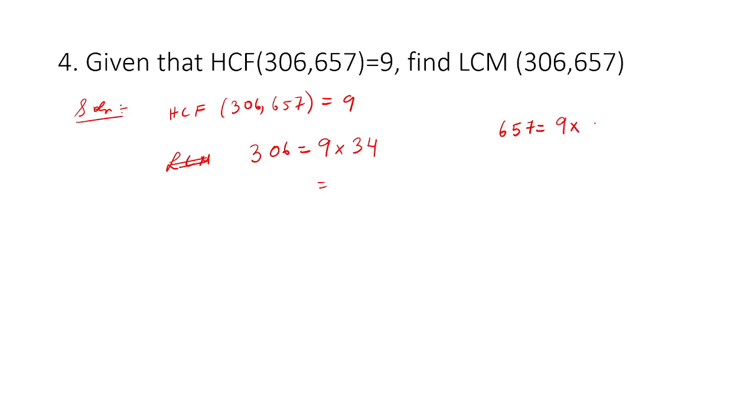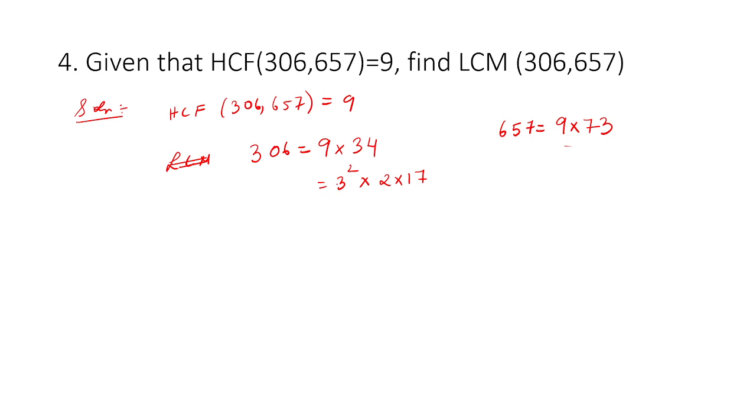So 9 times 7 is 63, and 9 times 3 is 27, so 9 times 73 is 657. So over here, you can straight away write 306 as 3 squared into 2 into 17. And we cannot proceed further with 657 because 73 is a prime number.